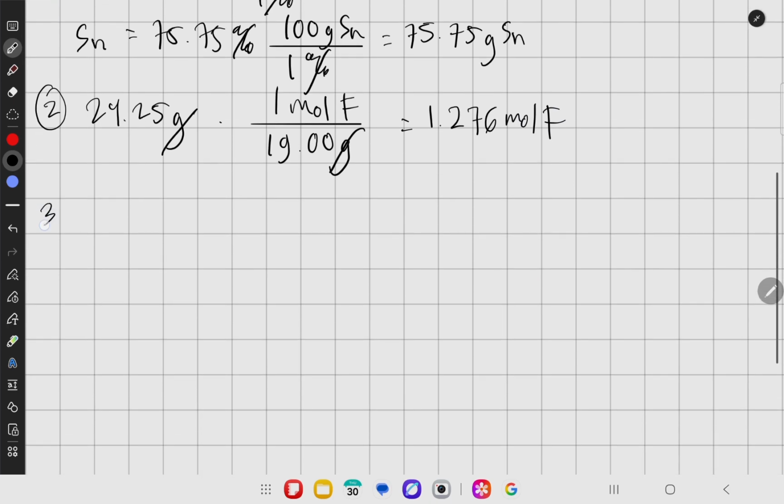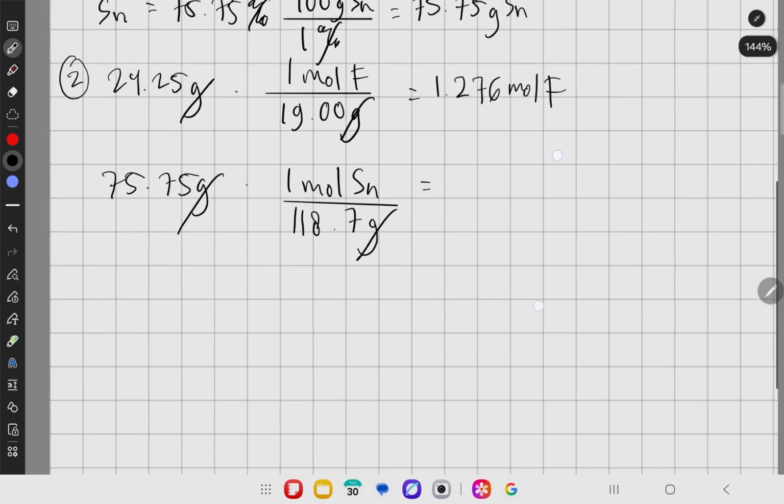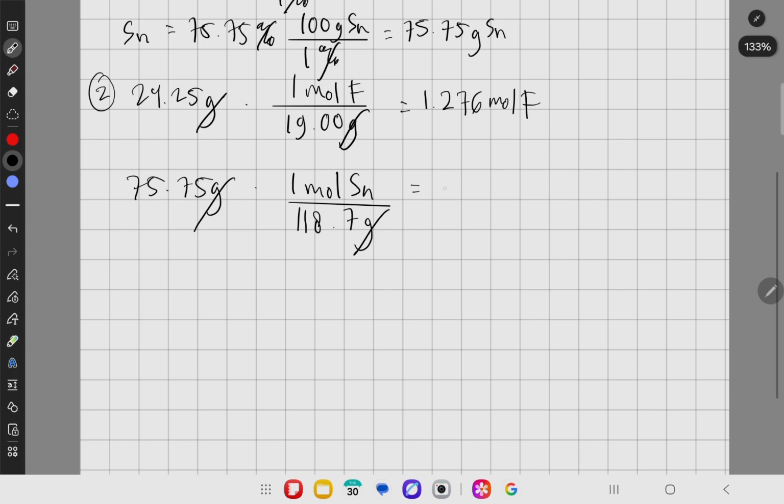And then another one, 75.75 grams, 1 mole tin divided by 118.7 grams, and if you calculate it by calculator, the result will be 0.638 moles tin.